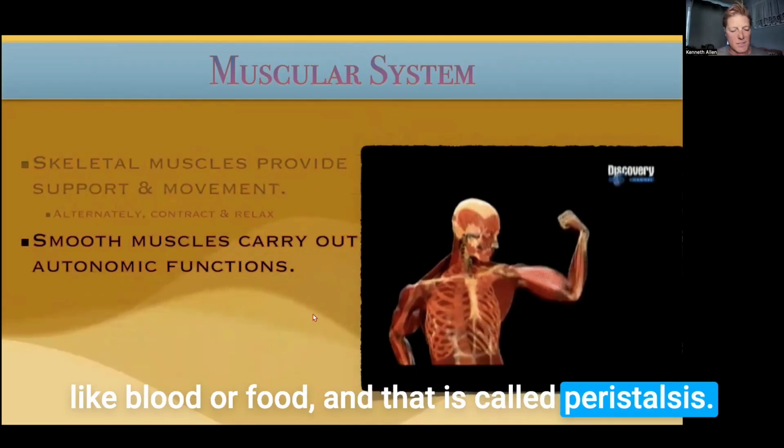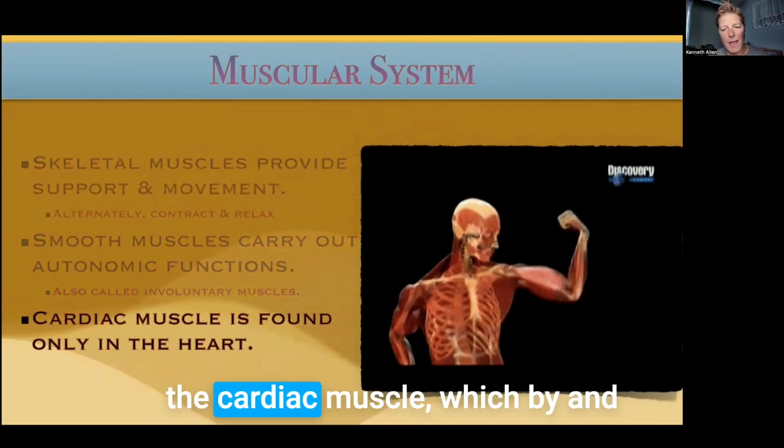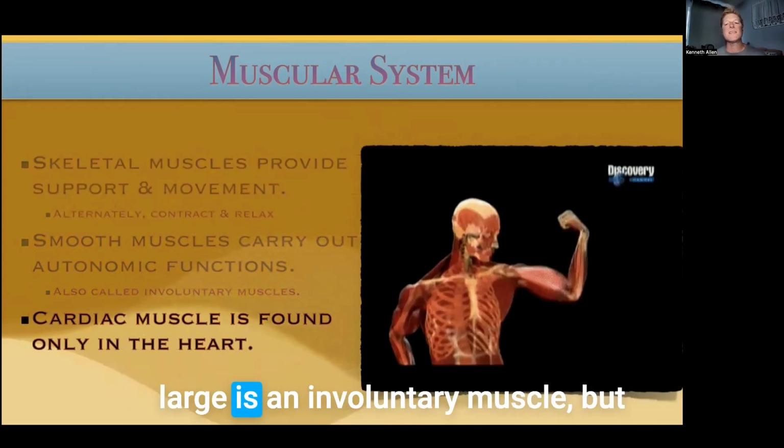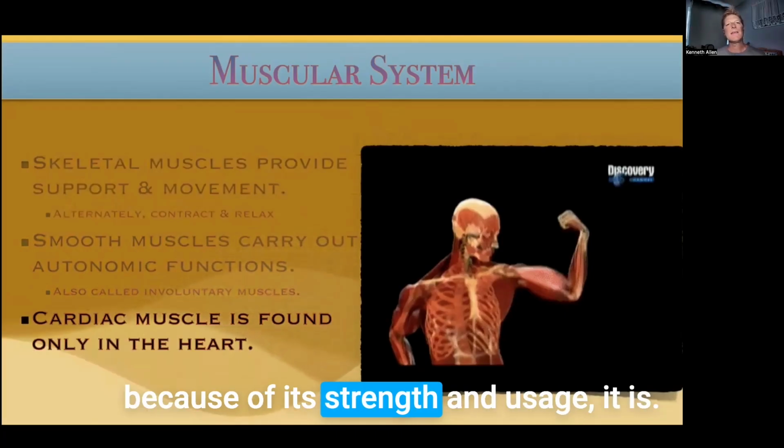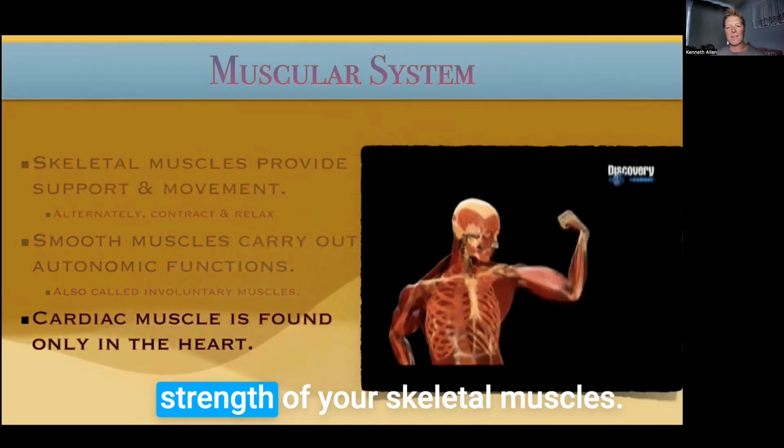and that is called peristalsis. And then there's a third muscle called the cardiac muscle, which by and large is an involuntary muscle, but because of its strength and usage, it is in the shape and very much in the strength of your skeletal muscles.